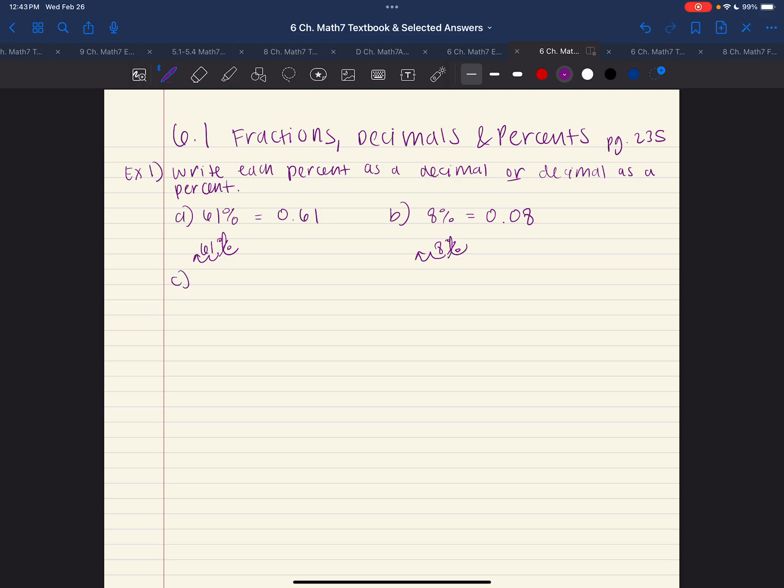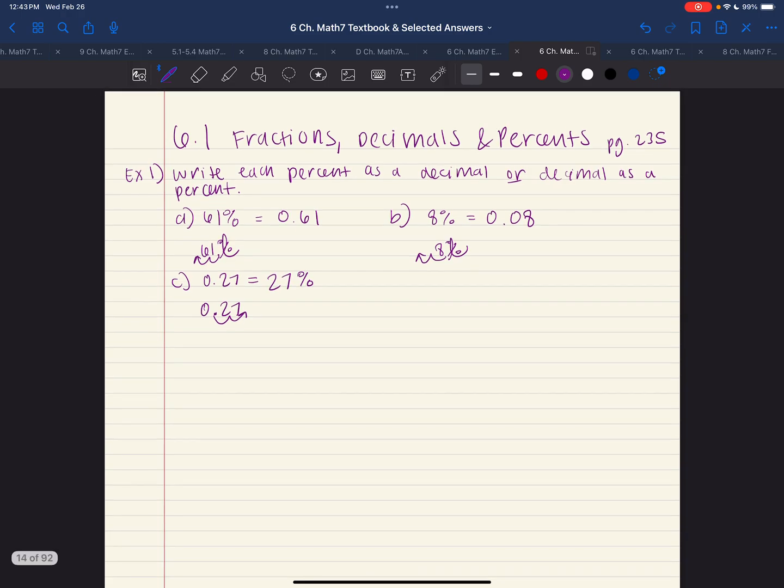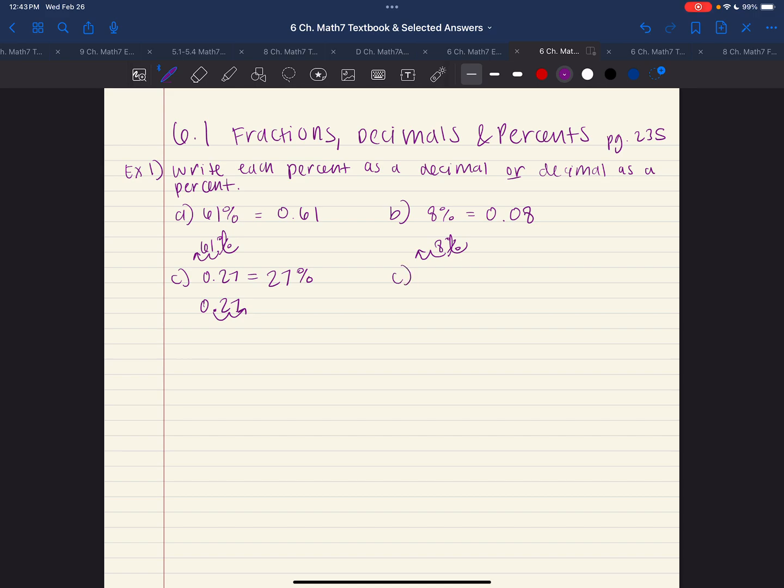All right, C, 0 and 27 hundredths. So when you go from a decimal to a percent, you are actually now multiplying by 100, not dividing by 100. So now I have 27%. Make sure you add the percent sign. All right, this is D, 0.3 repeating.